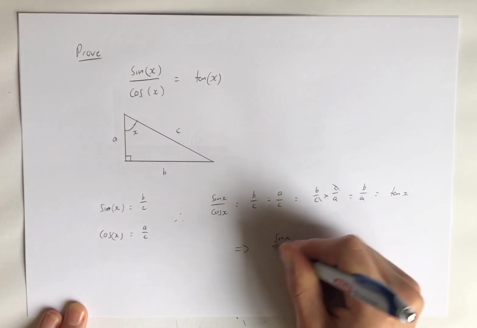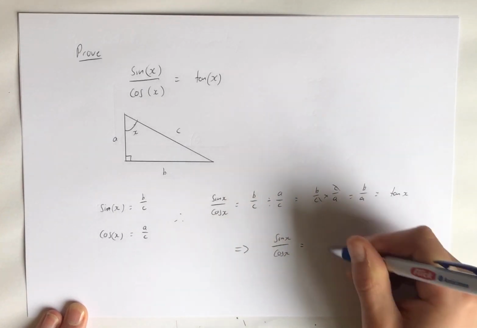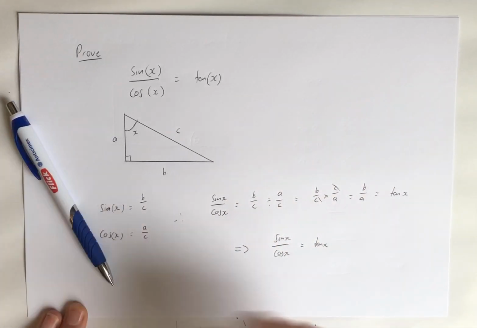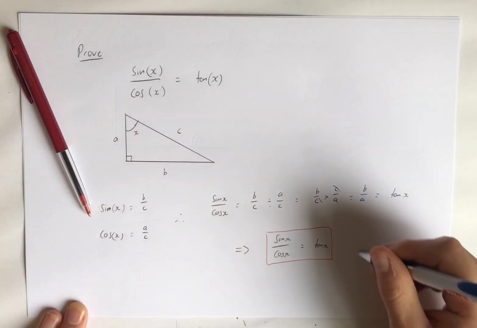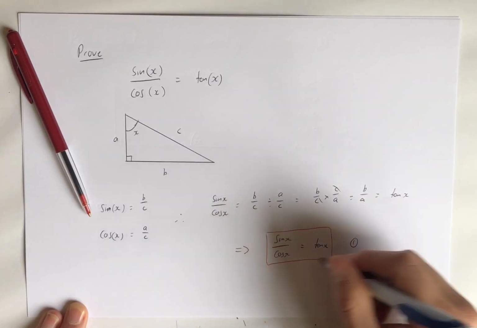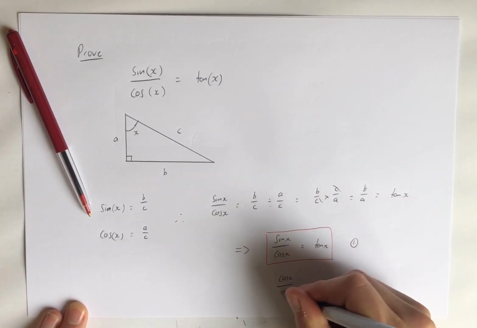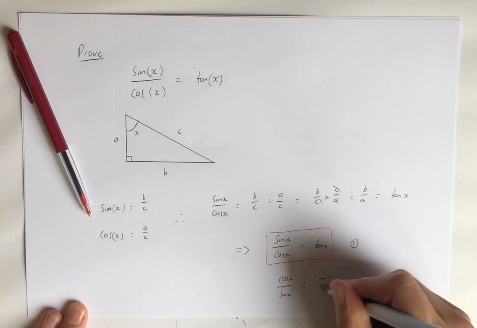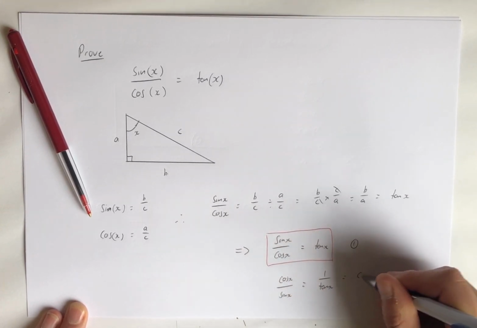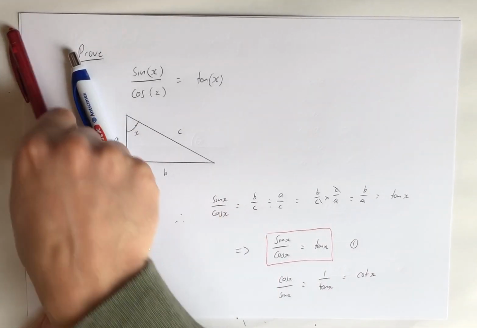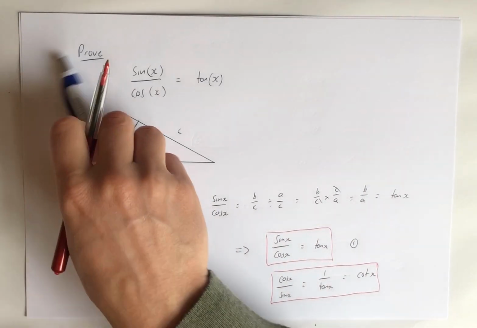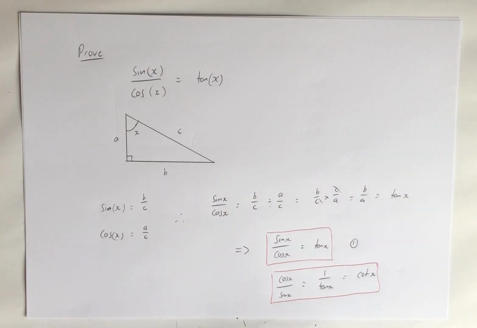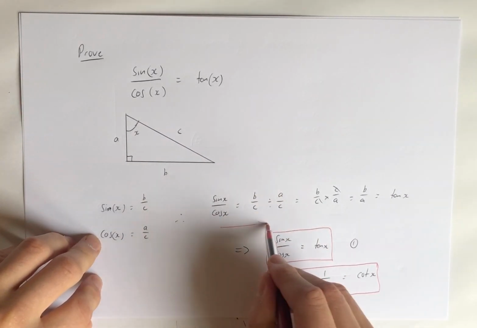Therefore, sine x over cosine x is equal to tan x. There's your first identity. Second identity, take the reciprocal of both sides. Cosine x over sine x is obviously 1 over tan x, and that is cotangent of x. And immediately a second identity falls out of that equation. So you might want to copy those down in your record of learning.